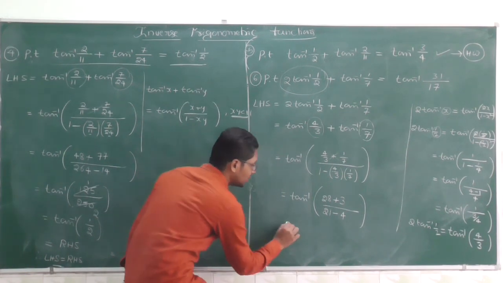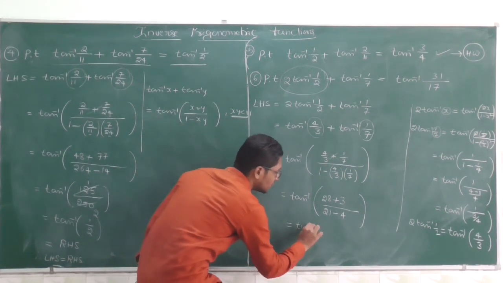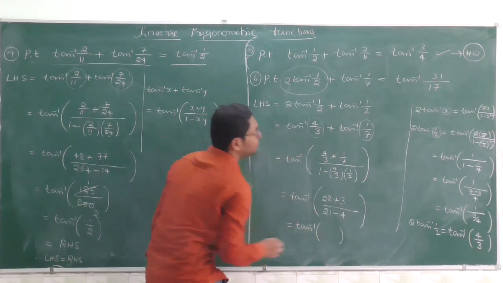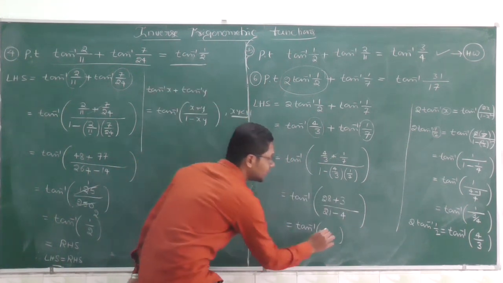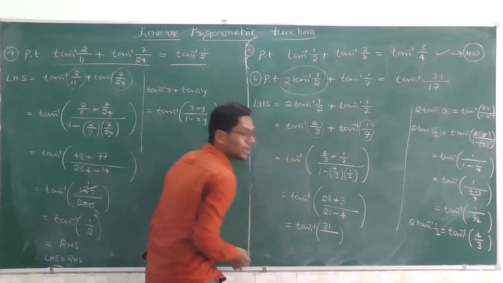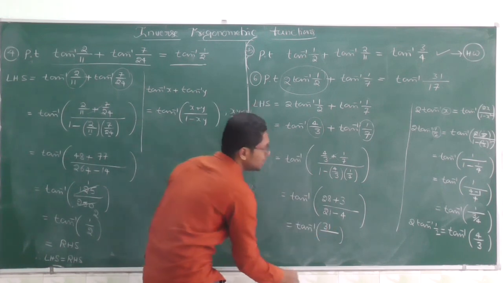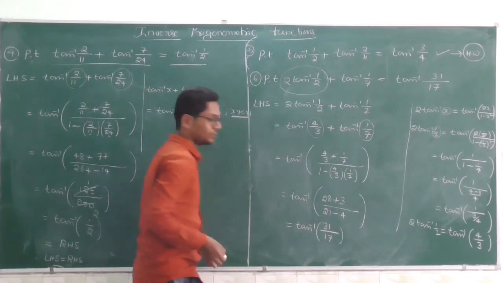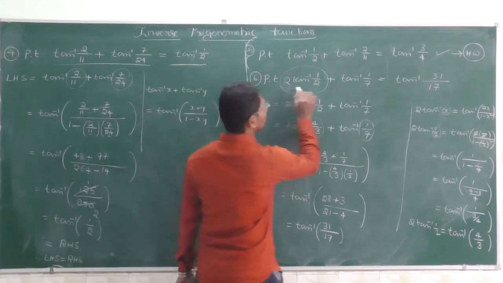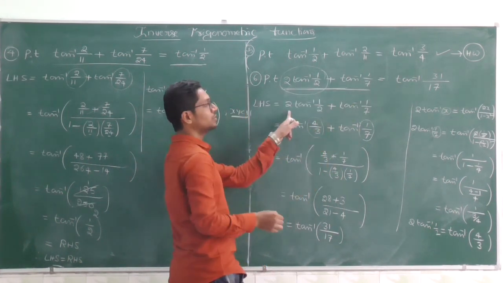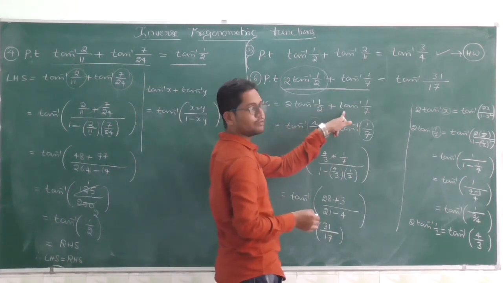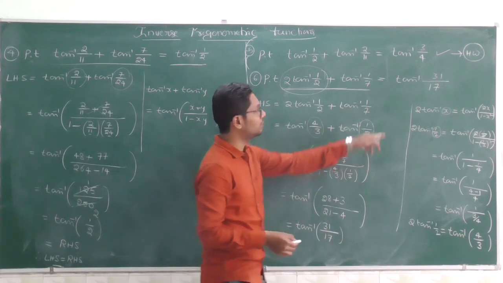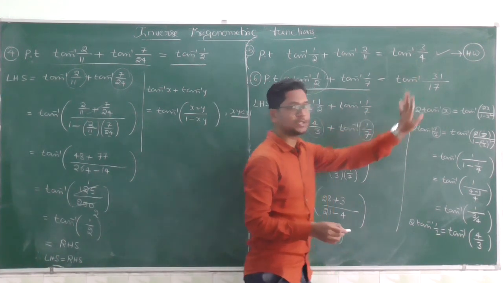That is equals to tan inverse of 28 plus 3, which is 31, divided by 21 minus 4, which is 17. So the LHS one, 2 tan inverse 1 by 2 plus tan inverse of 1 by 7, finally gives tan inverse of 31 by 17.